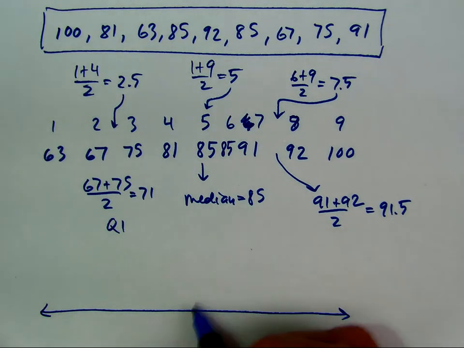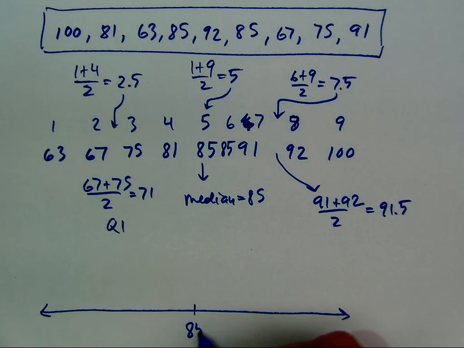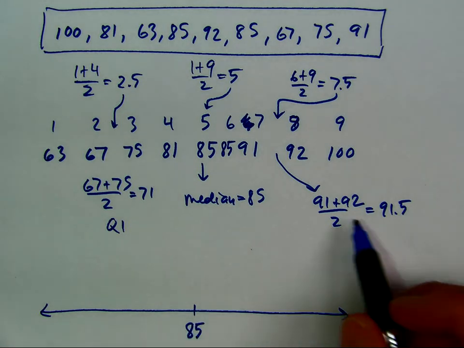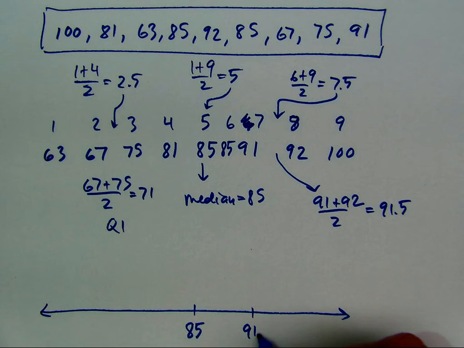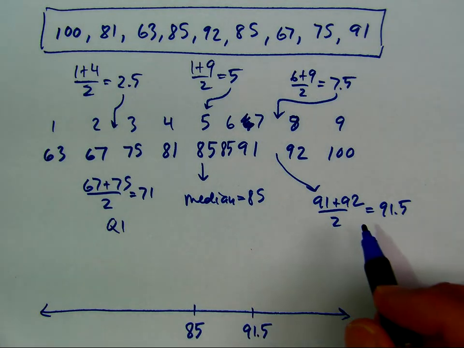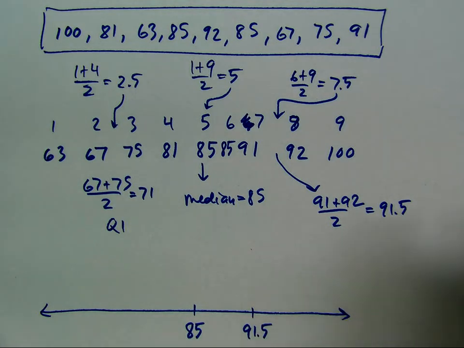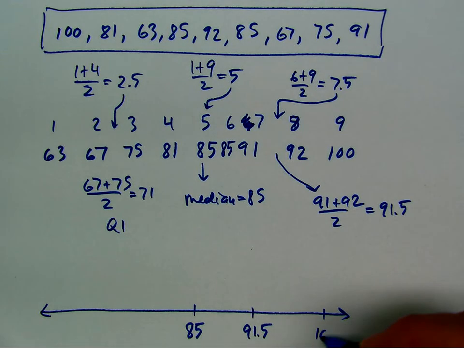Box plot, we have the median is 85, quartile 3 is 91.5, and the highest value is 100.